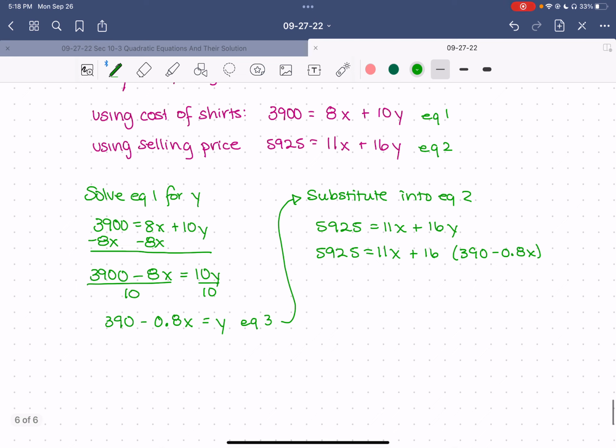I have to distribute that 16. So 16 times 390, 6,240. 16 times 0.8 is 12.8x.